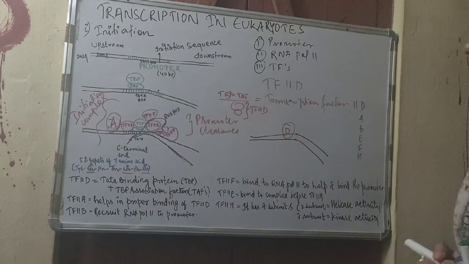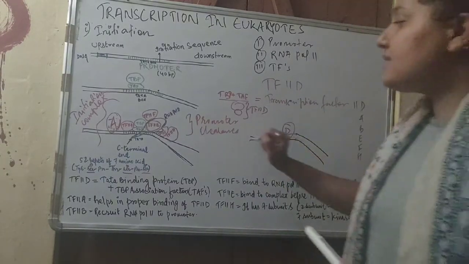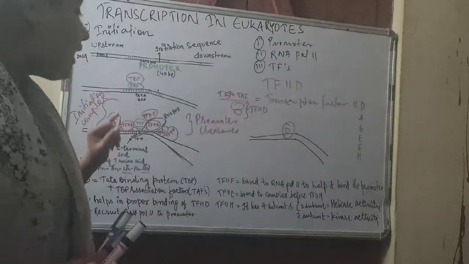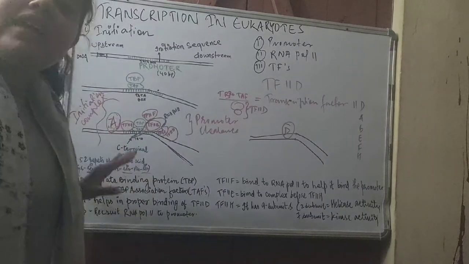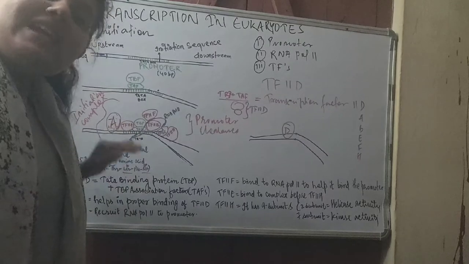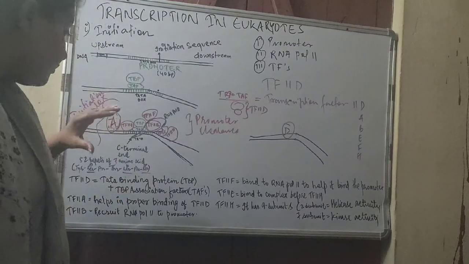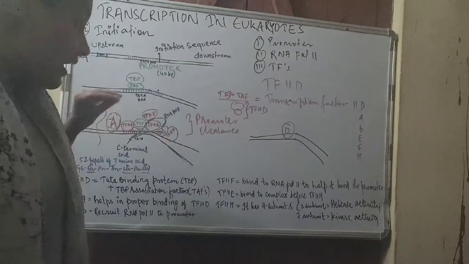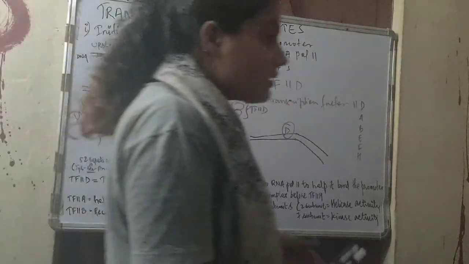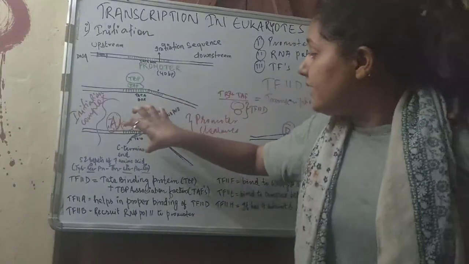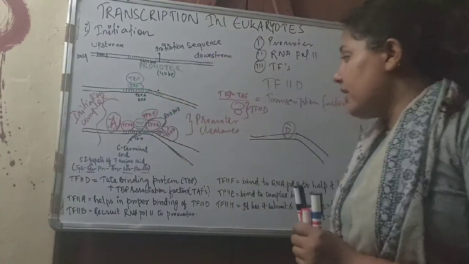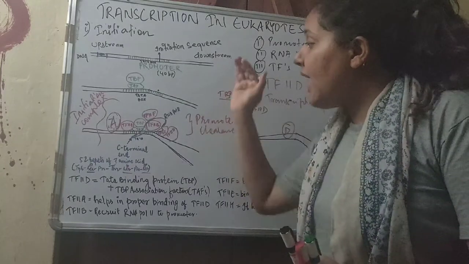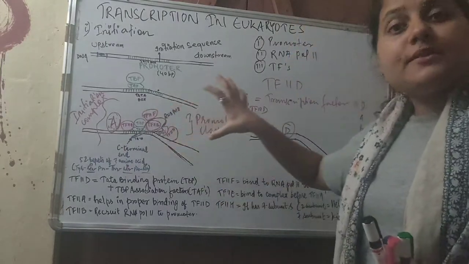And after this tilt, TFIIA, transcription factor A, will come and bind. This transcription factor A will make sure that D has bound properly to the promoter. And then after A comes B.